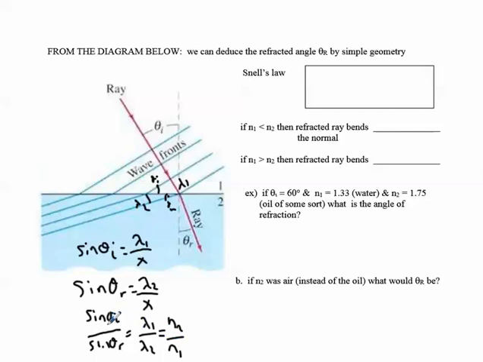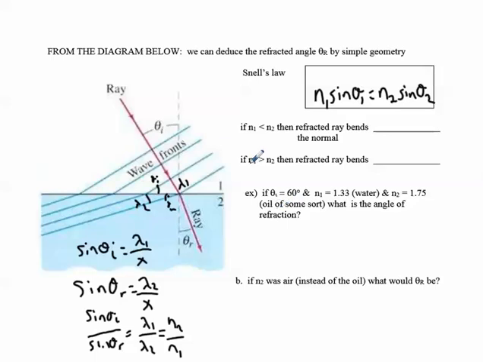So we see a nice important relationship: the ratio of the sines of the incident and refracted angles is equal to the ratio of the two indices of refraction. Put another way, we can write this as n1 sine theta 1, referring to usually the incident angle, but the angle from the medium in which you're starting, equals n2 sine theta 2. And again, n2 is the medium in which you're entering, and theta 2 is the second angle, which is generally the refracted angle.